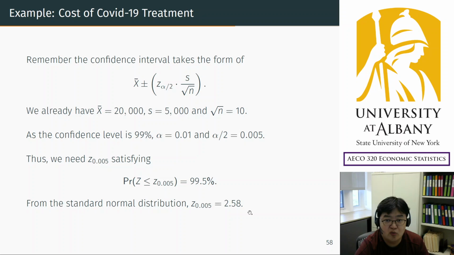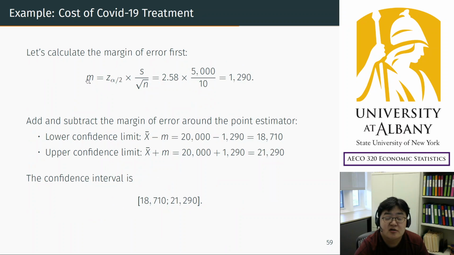Then that's it. We have all the numbers: 20,000, 2.58, 5,000, 10. Plug in. Pretty simple. First let's calculate the margin of error. That is 2.58, z subscript alpha over 2, times 5,000 over square root n.